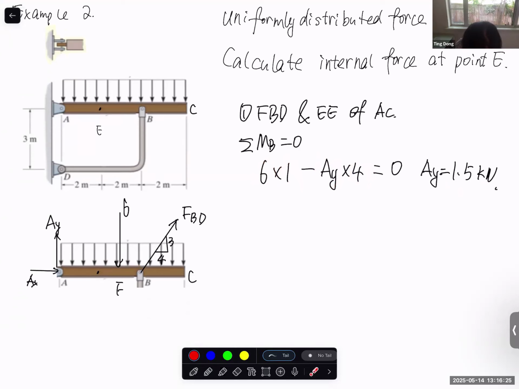Once we figure out AY, we can use force in the Y direction equal to 0 to calculate the BD.